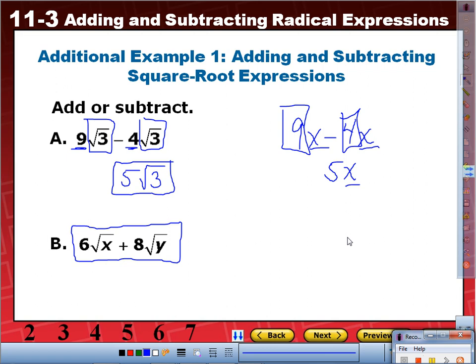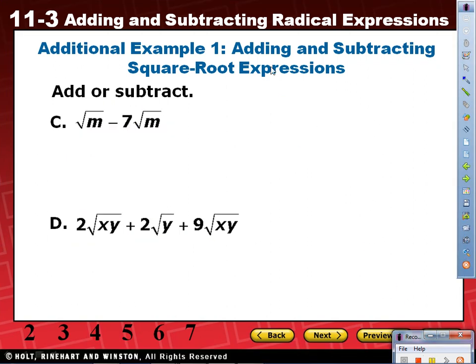All right, let's continue. Copy these next ones, please: Example 1C and 1D. Let's do these two together. Add or subtract. C is square root of m minus 7 square root of m. D is 2 square root of xy plus 2 square root of y plus 9 square root of xy.